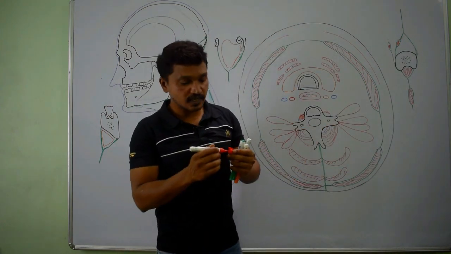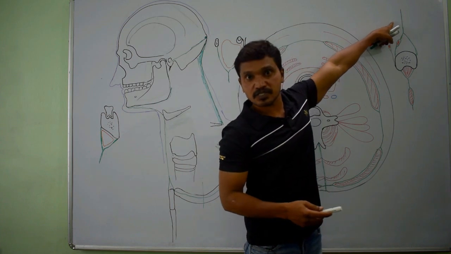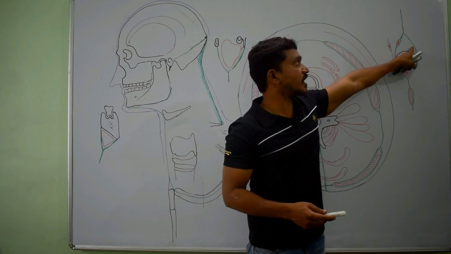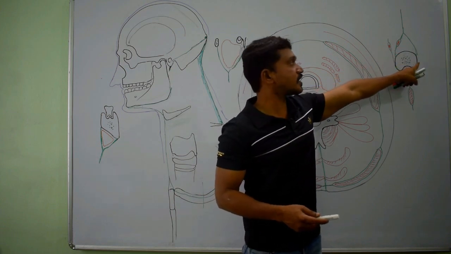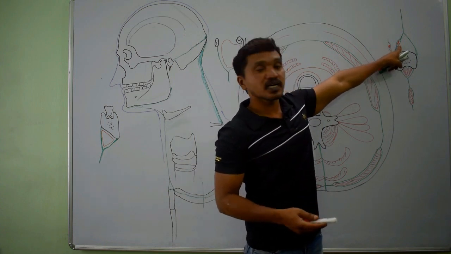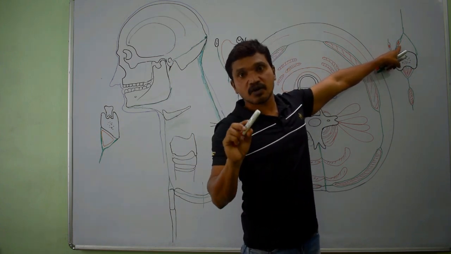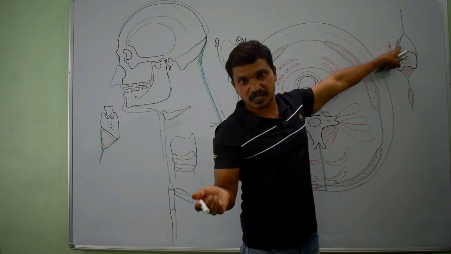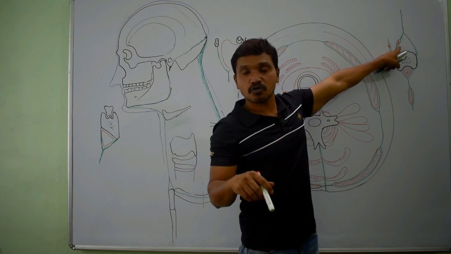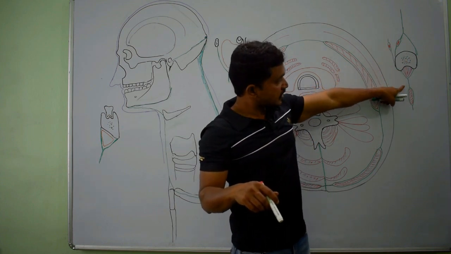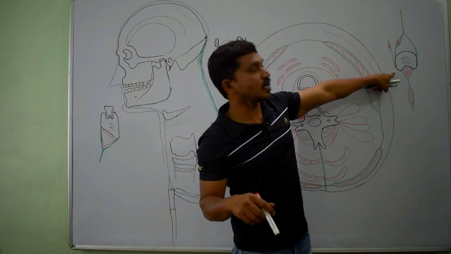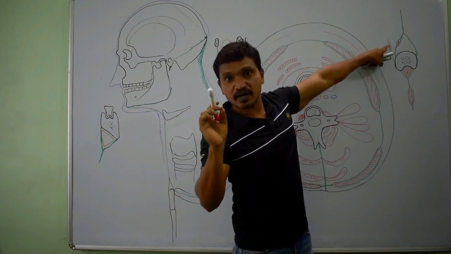Some authorities say that when the investing layer of deep cervical fascia reaches the upper surface of the clavicle, it divides into an anterior layer attaching to the anterior border and a posterior layer attaching to the posterior border. This posterior layer encloses the inferior belly of omohyoid and forms the omohyoid fascia. But some other authorities say that the upward extension of the posterior layer of clavipectoral fascia forms the omohyoid fascia.